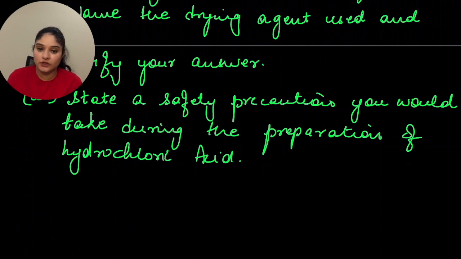If back suction happens, there's a high chance of an accident in which the entire apparatus may suddenly break, because when the water goes back, you have concentrated sulfuric acid there. So this may end up creating a lot of mess and may injure somebody. That is the reason the precaution you will use is the inverted funnel arrangement.